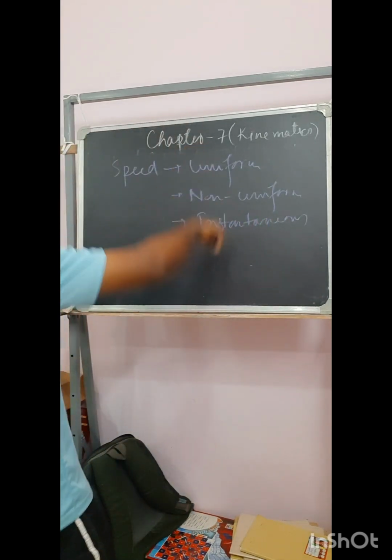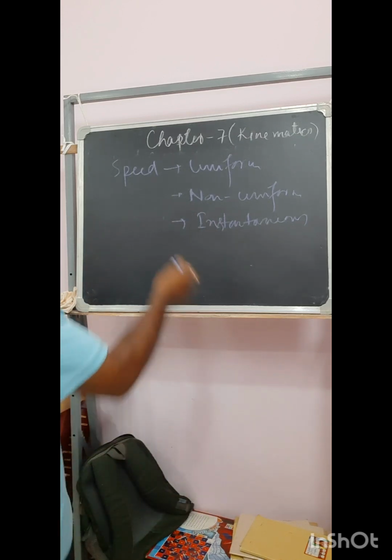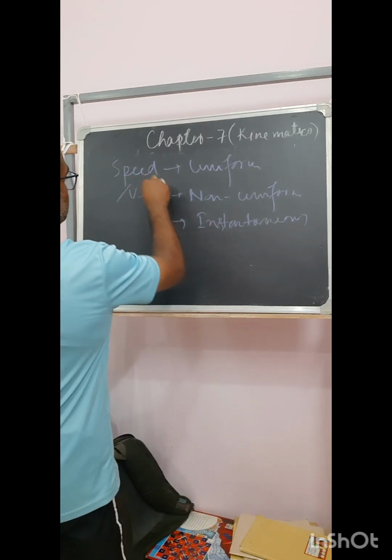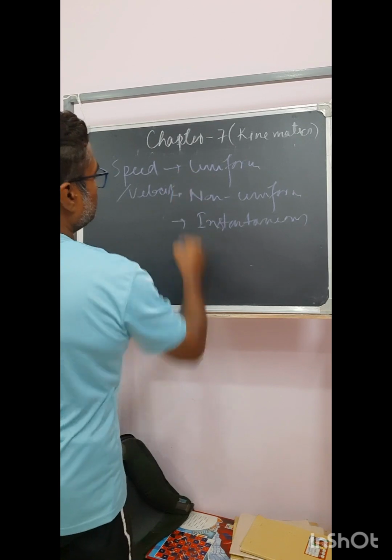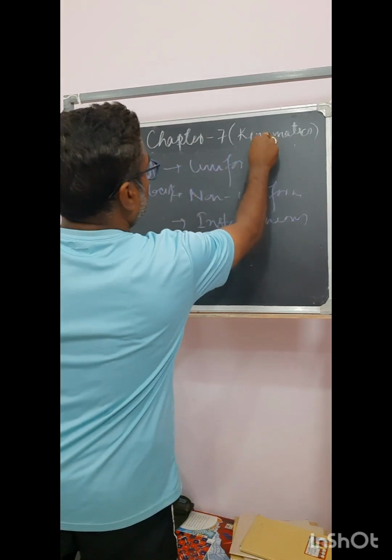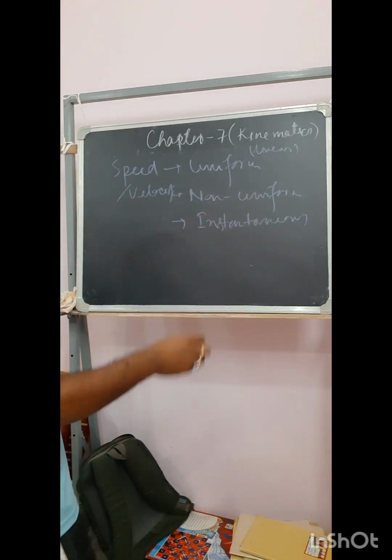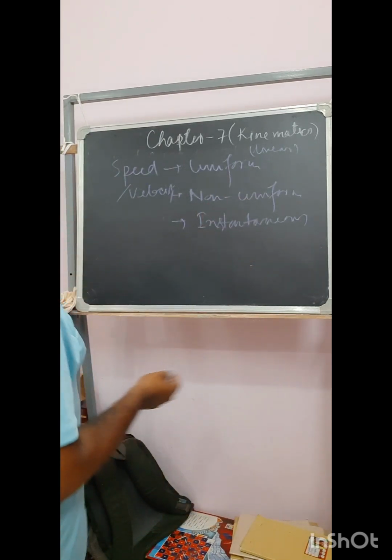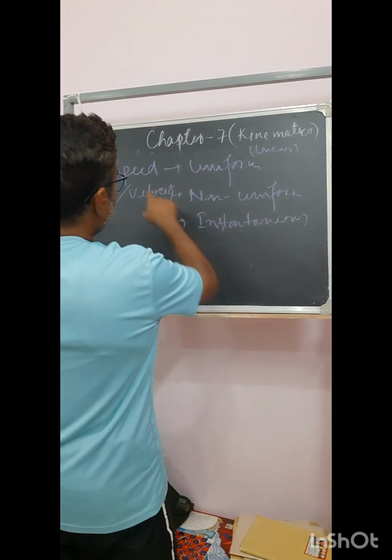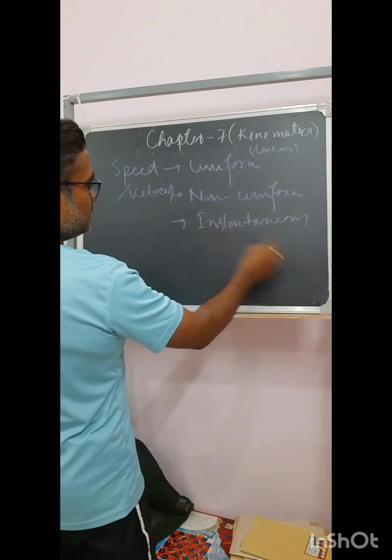So these are the three kinds of speed, and the same for velocity if it is rectilinear motion. We will talk right now about linear motion, because curvilinear I will describe in rotary motion. So in linear motion, speed can be uniform, non-uniform, instantaneous.